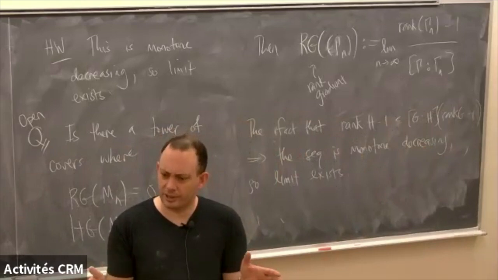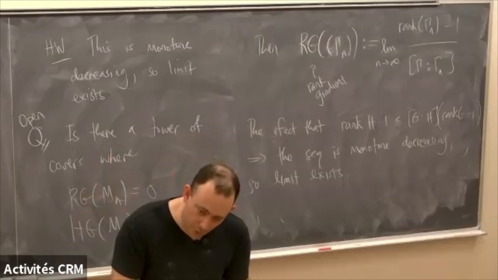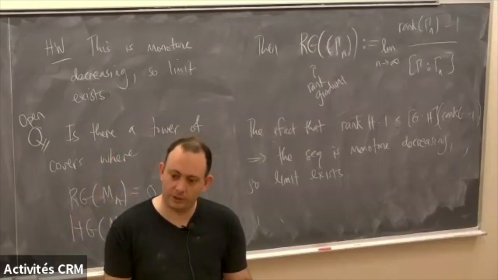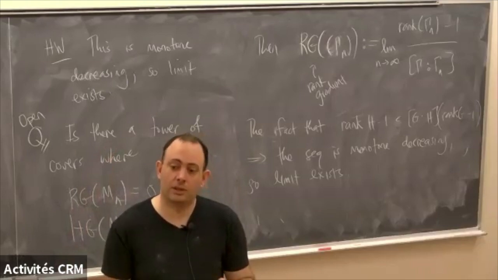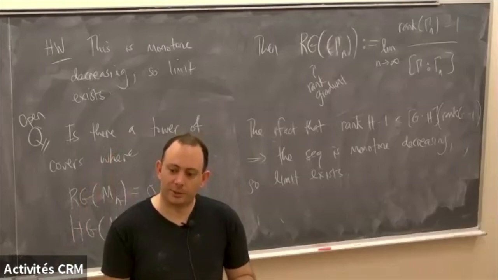I think this is due to Waldhausen. There's no algorithm known to compute the rank of an arbitrary three-manifold. There is an algorithm to compute the rank of hyperbolic three-manifolds, though. This is Kapovich-Weidman.